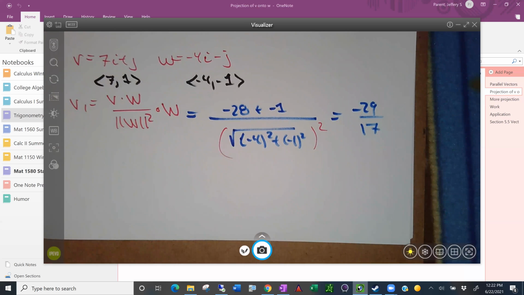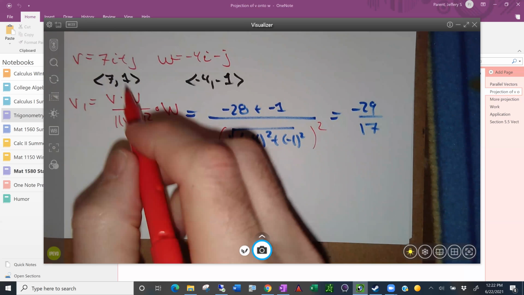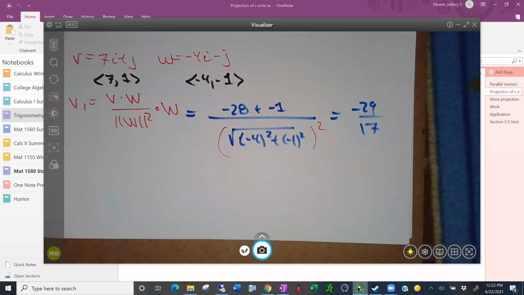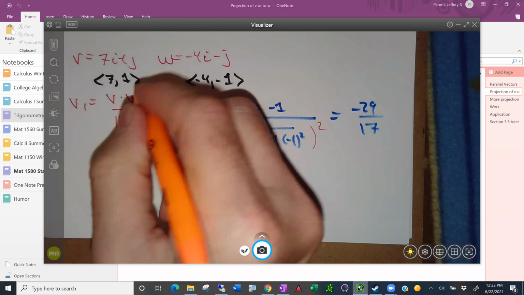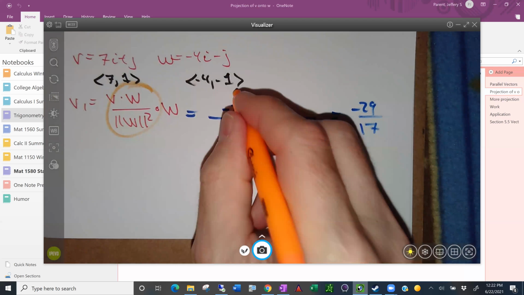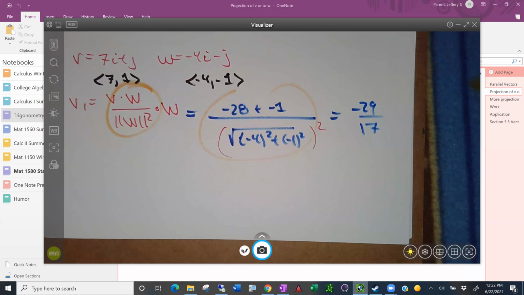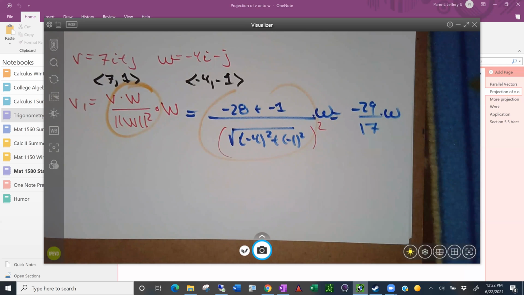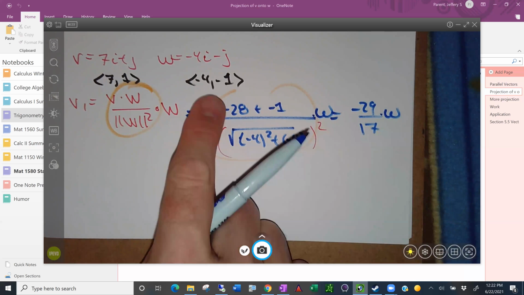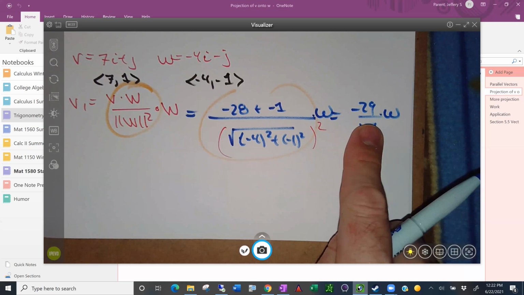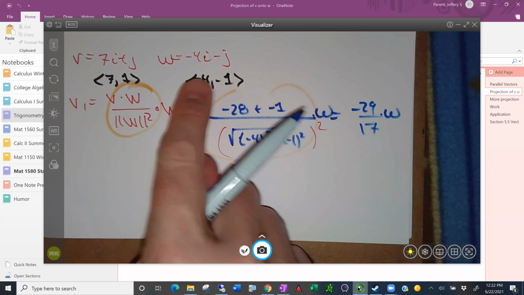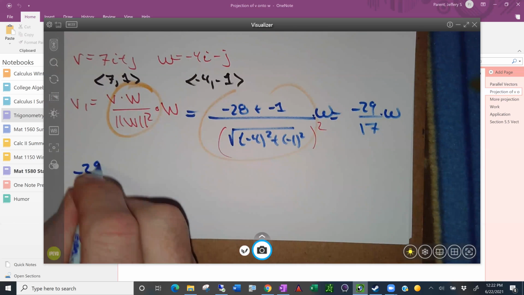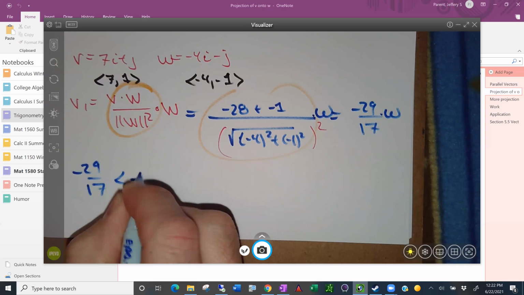And actually all I've calculated right now has been just this part. I still have to multiply this times W. So let's set about doing that. I want to take -29 over 17 times -4, -1.